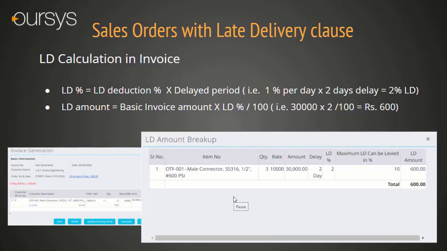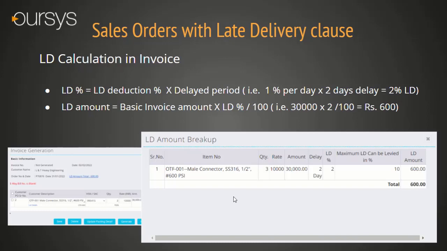Now we will see how the LD is calculated at invoice level. For example, we book one order with the LD clause at 1% per day, and its scheduled date is 31st Jan. We have delivered the material on 2nd Feb, so the system will mark this delivery as a delay.